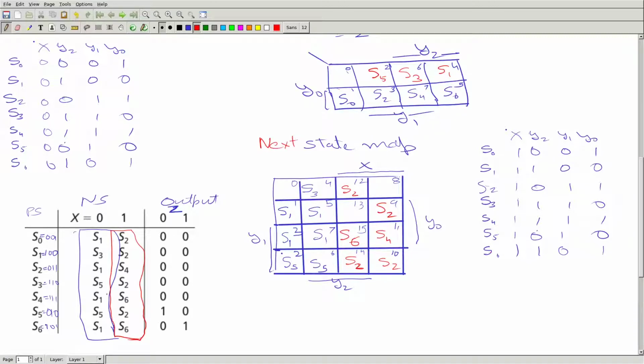And when our current state is 1, 1, 0, 1, that is 13, then our next state is S6. Okay.